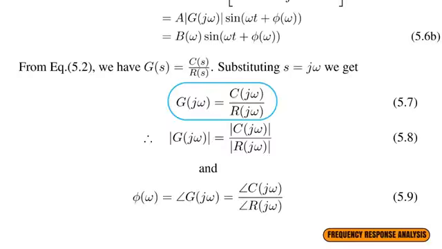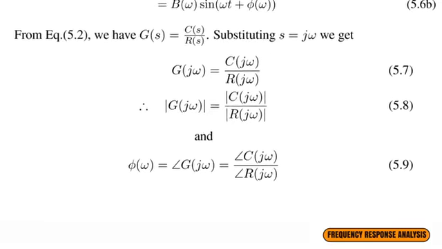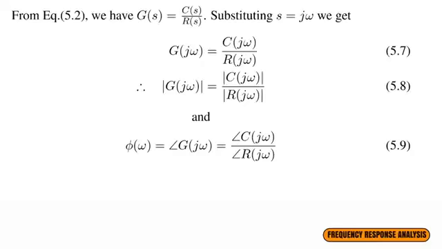If you replace S by j omega, we will get G of j omega equal to C of j omega by R of j omega. So if you take the modulus, you will get modulus of G of j omega equal to modulus of C of j omega by modulus of R of j omega, and the phase is angle of G of j omega equal to angle of C of j omega by R of j omega.